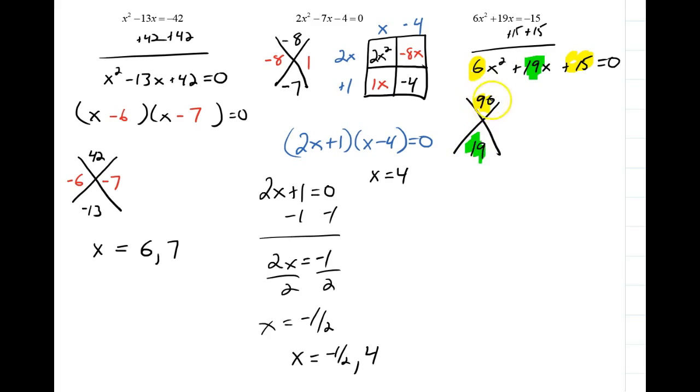And so what numbers multiply to 90? Make sure you realize that's a 90. But add to 19. So that's 10 and 9. Now you go to the box.